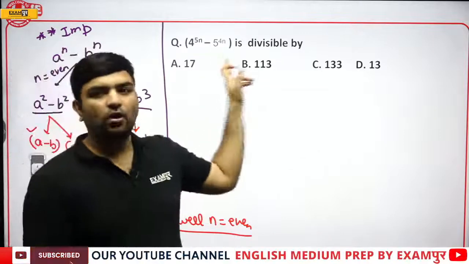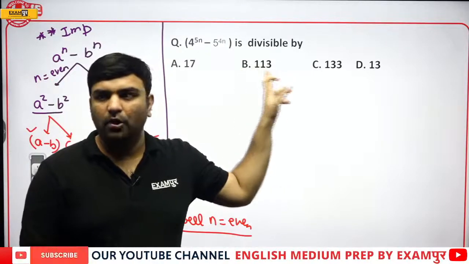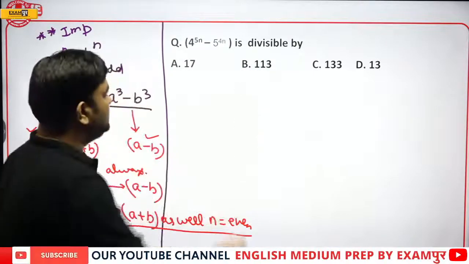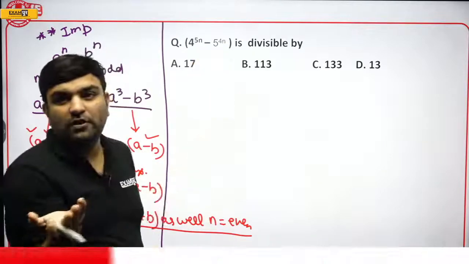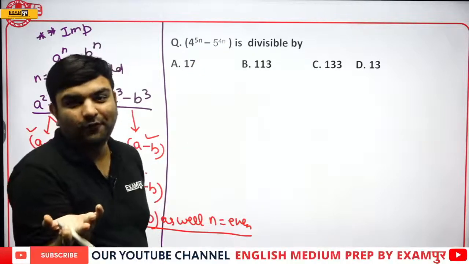So here we are not aware whether n is even or odd. So what can we do with 5n?